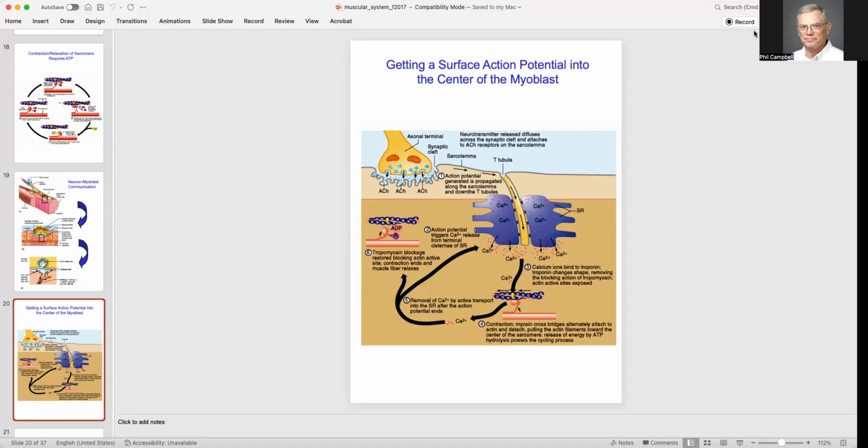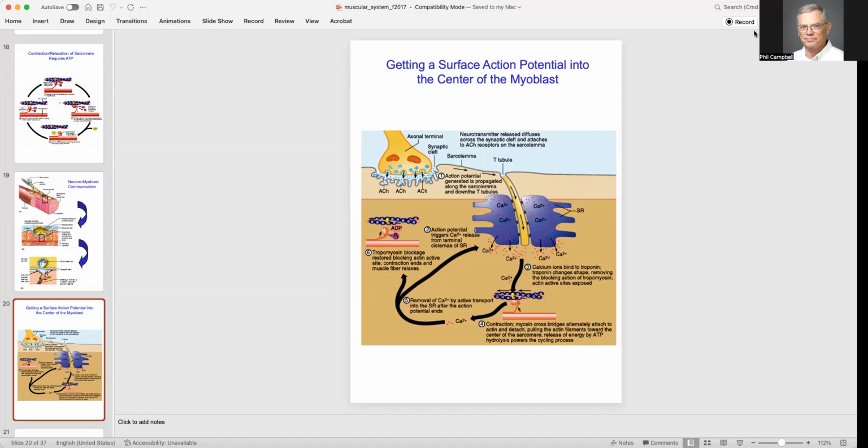This also takes time. It also takes energy, additional ATP. So until the calcium levels in the cytoplasm drop low enough so that the calcium can dissociate from its binding site on the troponin complex, I will have contraction.